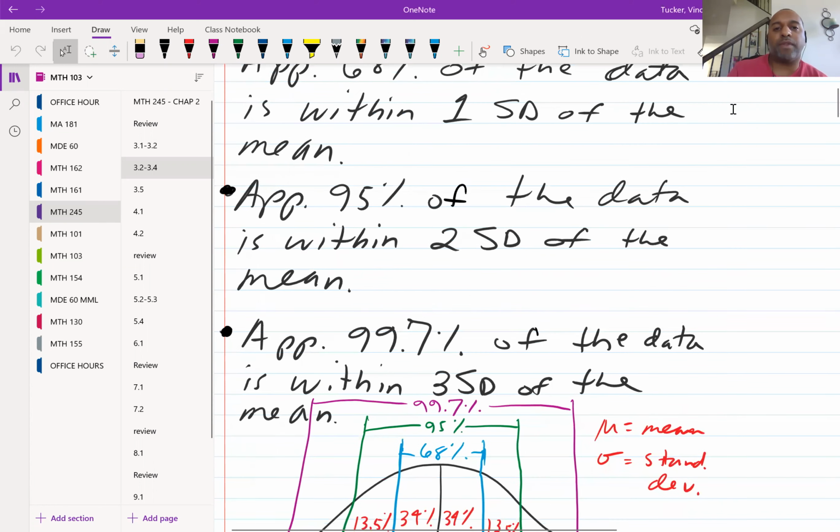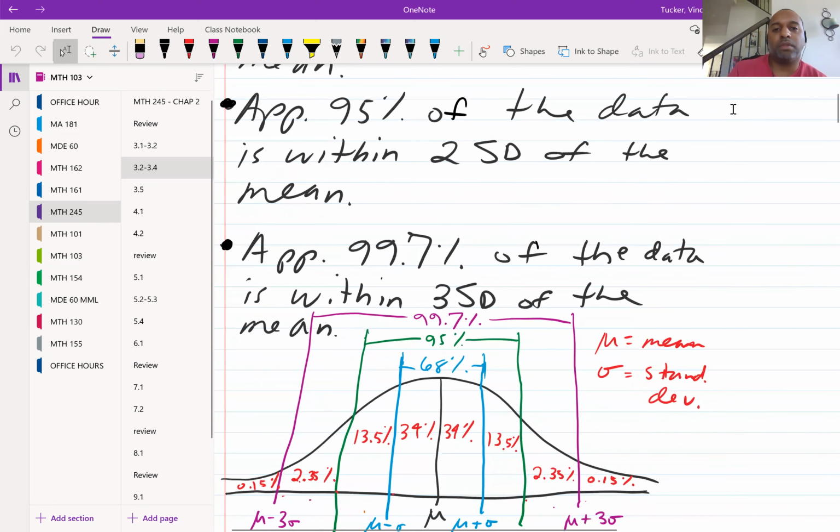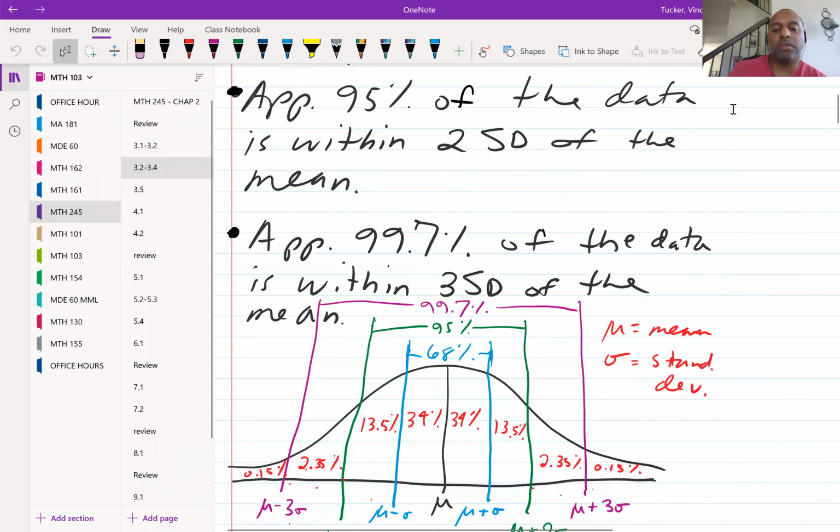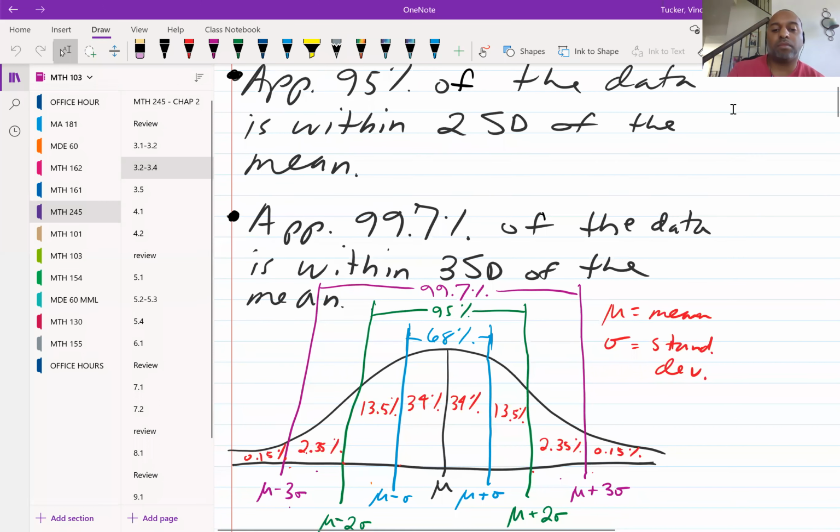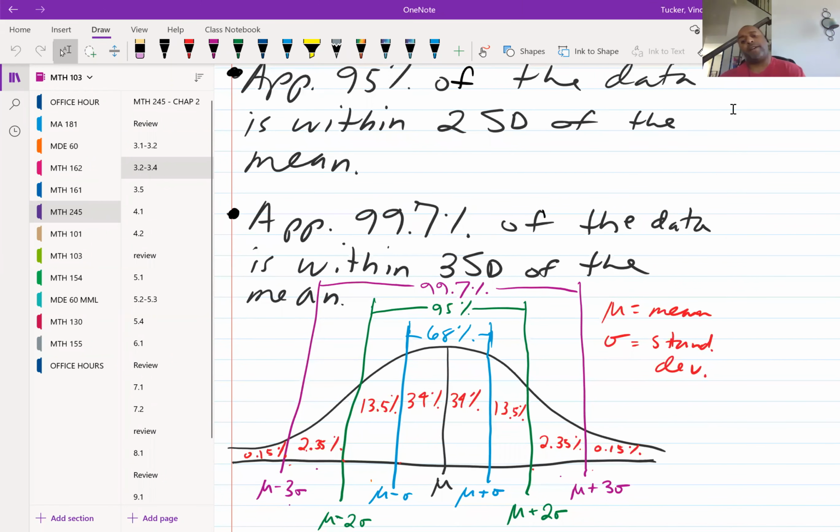All right, going past the first one. All right, so looking at our diagram, these percentages never change.